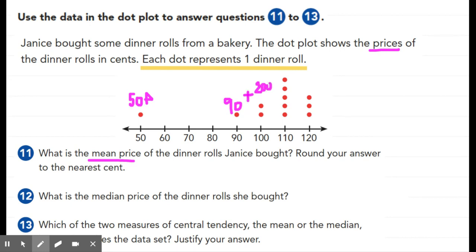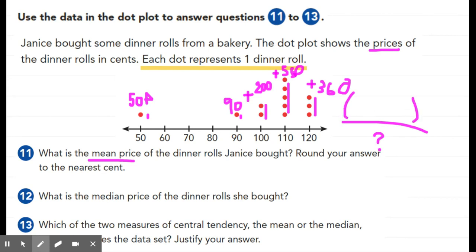So once you add all the values, you're going to divide by the number of rolls. So how many rolls are there? 3 plus 5 plus 2 plus 1 plus 1. Round it to the nearest cent, meaning there should be no decimal points.